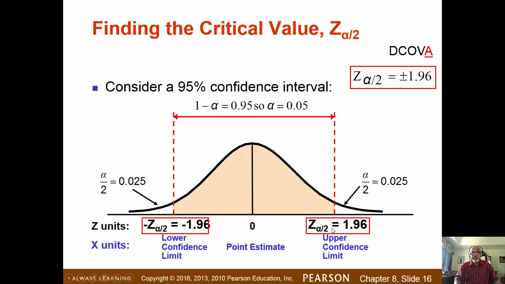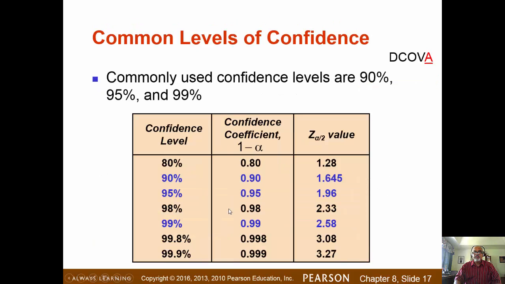Now, since this is a symmetric normal distribution, the corresponding value on the left side is simply negative 1.96. On the right side the tail area of 0.025 is 1.96; on the left side the left tail area of 0.025 corresponds with minus 1.96 for z. Okay, and here are some more z values for different confidence levels, 1 minus alpha, and so on.